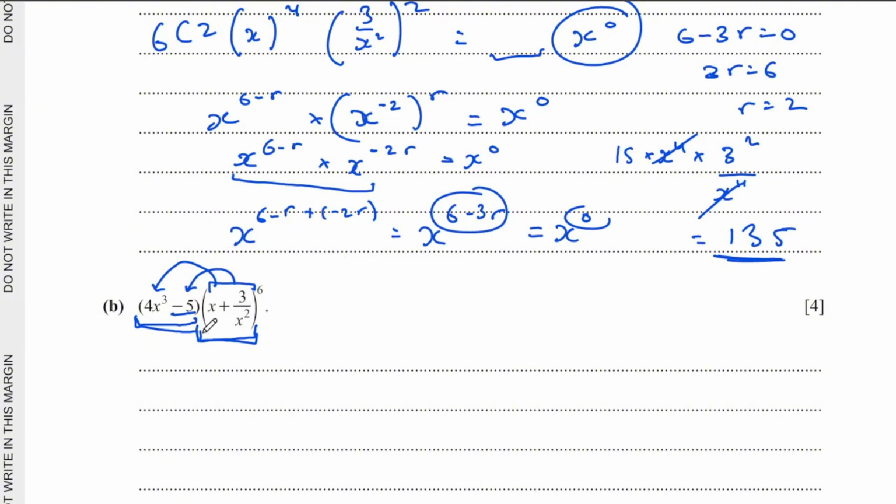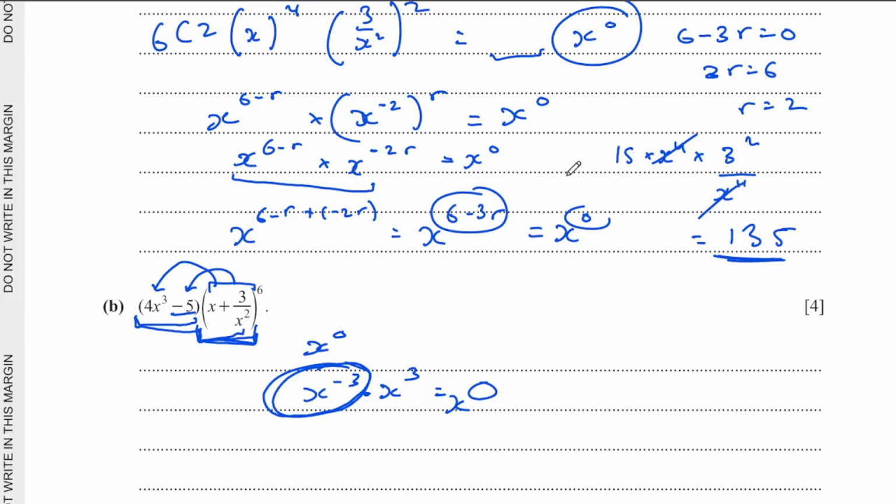And so from this expansion we are interested in x power 0, and if we had x power 3, we want to multiply something to x power 3 to give us x power 0, we would be multiplying x power negative 3, because if I multiply any x power negative 3 with x power 3, I'm going to get x power 0. And so what I'm interested in from this expansion is the term for x power negative 3.